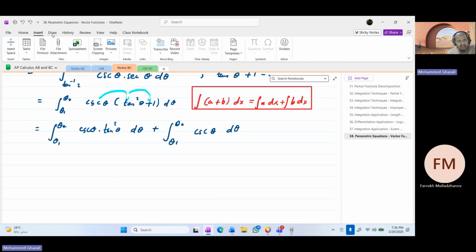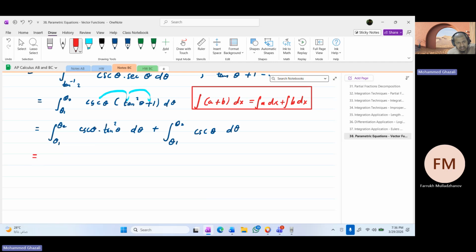This one we can evaluate by changing this into sine and cos. Cosec is 1 over sine theta. And this is sine squared theta over cosine squared theta d theta. Okay. Plus over here we got to use a trick because evaluating a single, right? It's not a pair. The integral of cosec squared theta is negative cot.